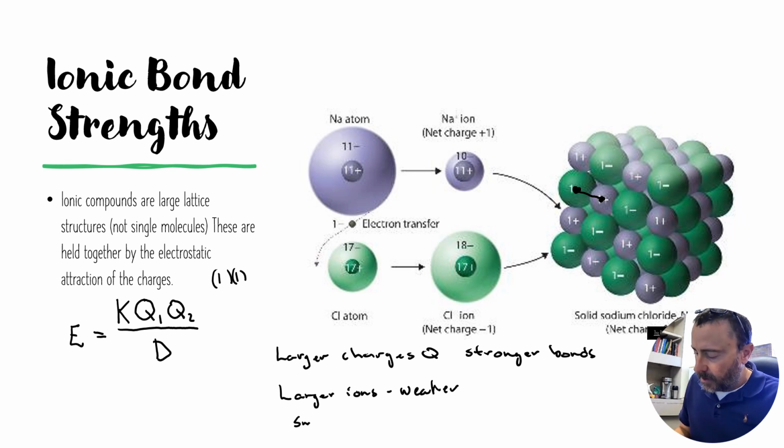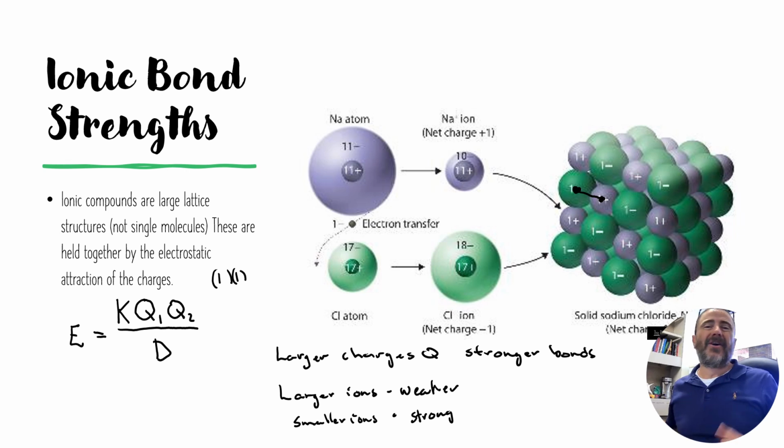So smaller ions make stronger ionic bonds, because in essence we've got these charged things that are stuck together. It's kind of like magnets: they're stuck together with those opposite charges. The bigger the charge difference, the harder it is to pull them apart, so that bond is a little bit stronger. And the closer they are together, the harder it is to cleave them.